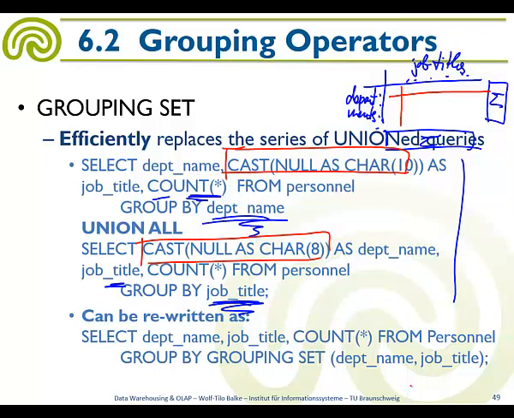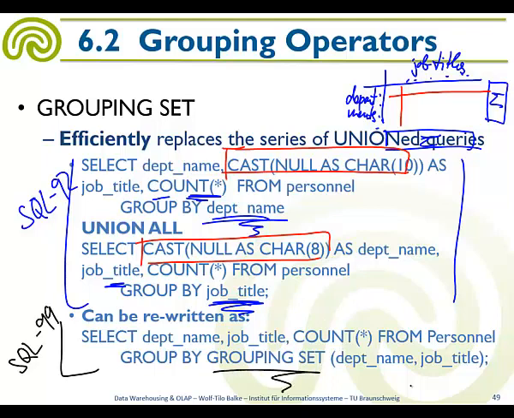And to write that in classical SQL 92, old SQL, and to simplify it in SQL 99, you introduce a grouping set. And a grouping set means you're not only grouping by these items, but you also compute the aggregations over these different dimensions, right?